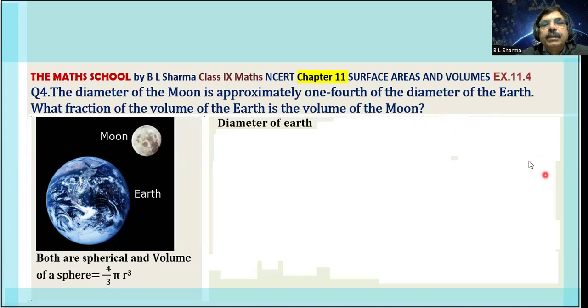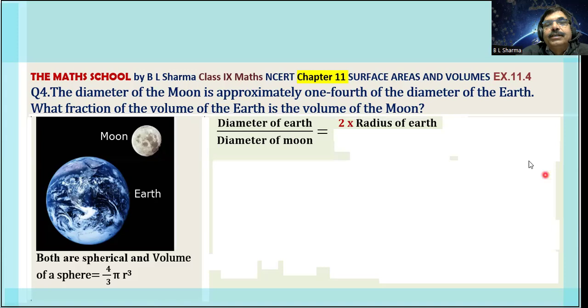It is given the diameter of the moon is 1/4 of the diameter of the earth, and we know diameter is 2 times radius. So 2 times radius of moon is 1/4 of 2 times radius of earth. Here 2 and 2 cancel out.